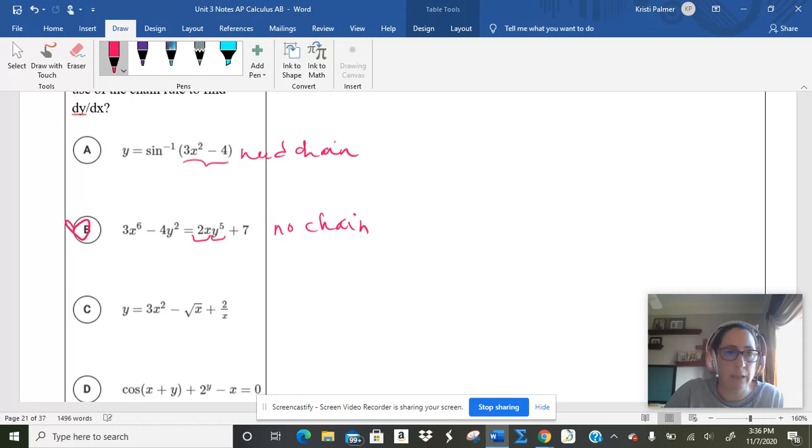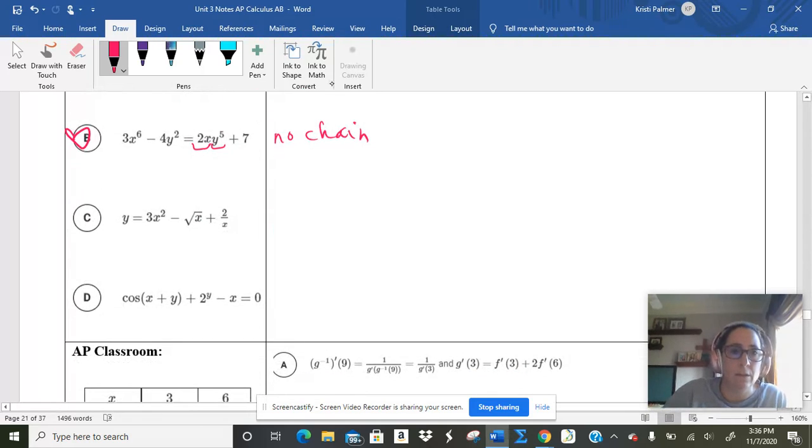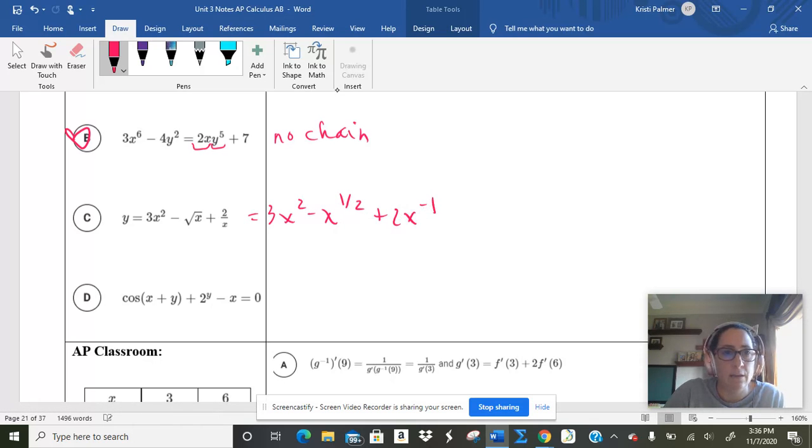I'm going to select B. And here, this would be a power. Look at that. This also is no chain. Let's see here though. Oh, I've got an inside, so that's going to require a chain. So in fact, this one has two answers, B and C.